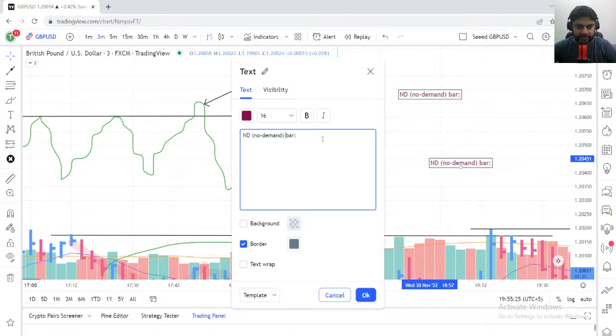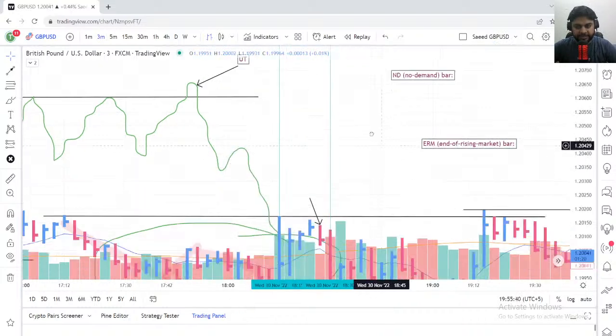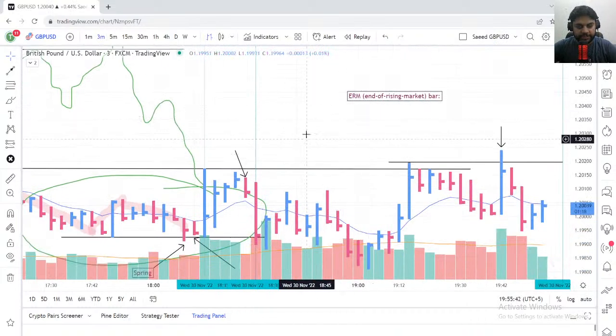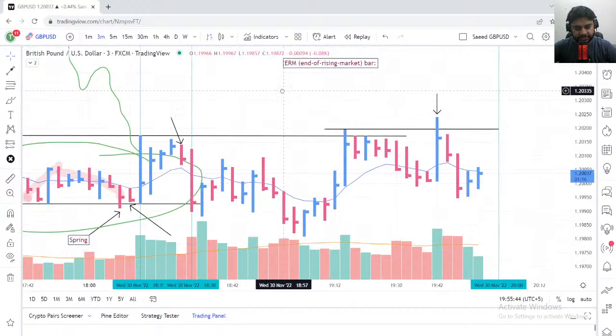ERM is end of rising market bar. So you can have these two bars as a test of upthrust.